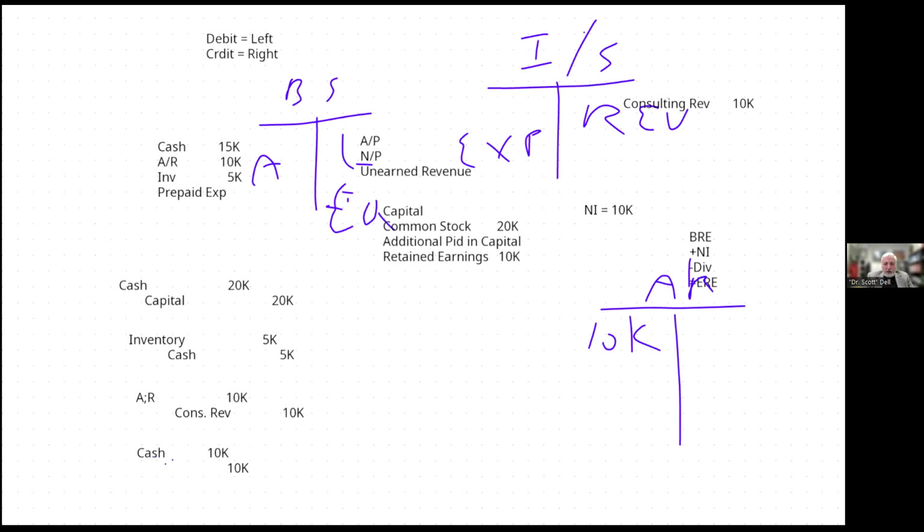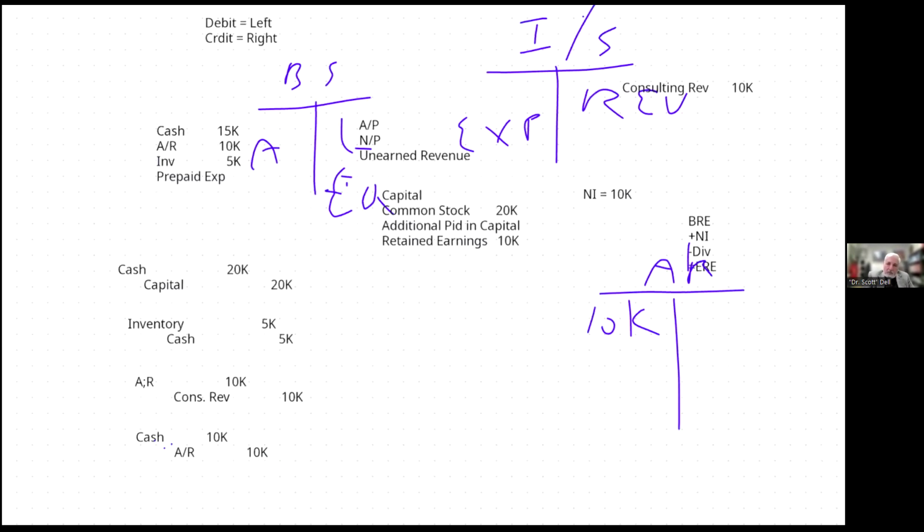I got to clear that receivable because they don't owe me the money anymore. They paid me. So I'm in good shape. Let's go in here and we'll take that accounts receivable and credit the accounts receivable for the $10,000. So I'll put that 10K as a credit. Now they don't owe me anything.